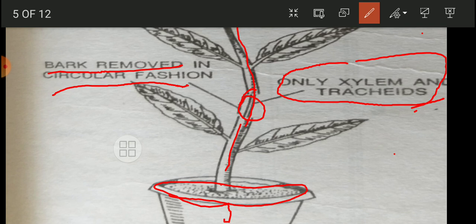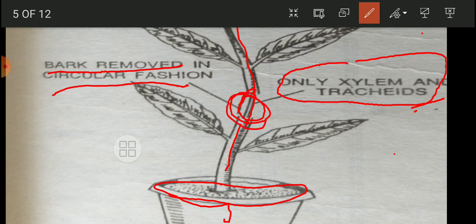And as it is, we left this experiment for a few days, and then we came to know that the plant still remained green, meaning the part above the removed bark area stayed green.